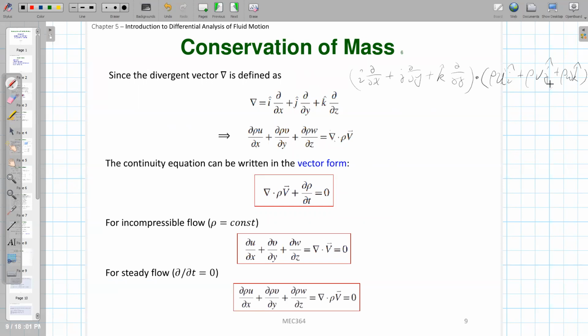When you do this dot product, it will be 0. So this gives you partial of rho u. Same thing for j: j dot i and j dot k become 0, so only j dot j is left, giving rho v. And the same thing for k, you get rho w.